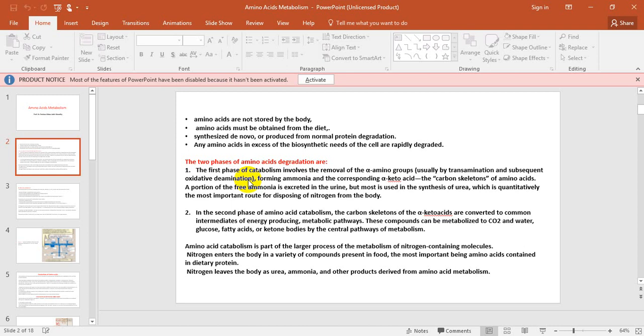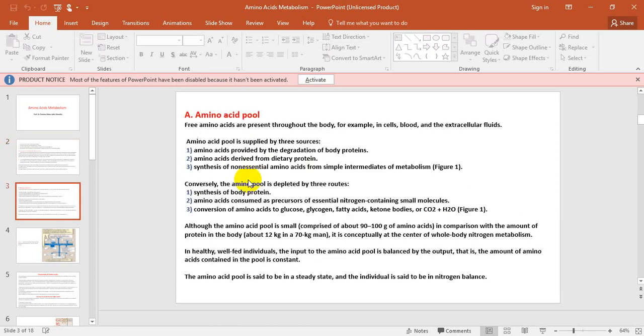In the second phase, the amino acid is converted to alpha keto acid and then the carbon skeleton of the alpha keto acid is converted to common intermediates of energy production, and this intermediate of metabolism is used in glucose synthesis or fatty acid, ketone body, glycogen synthesis, which are catabolized to yield CO2 and H2O and energy.